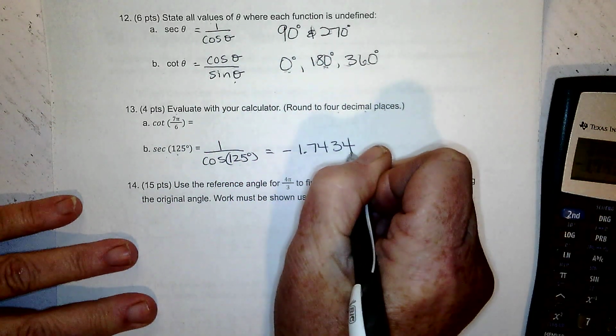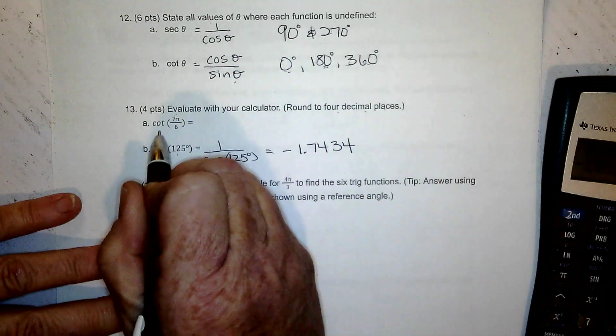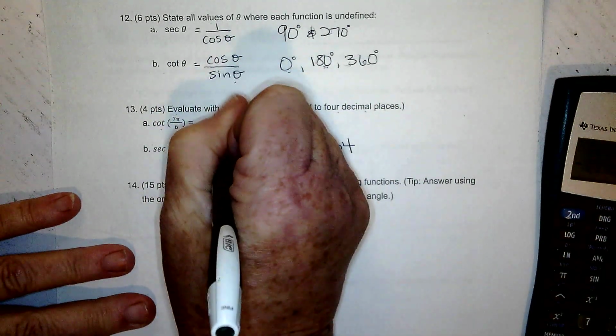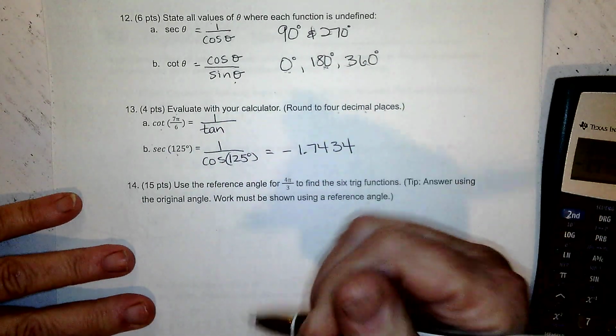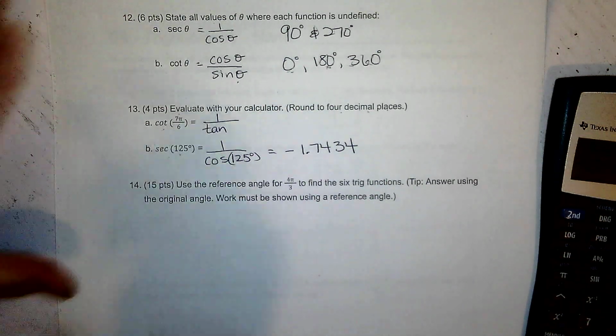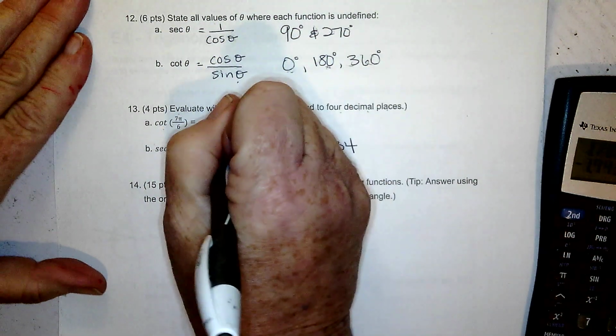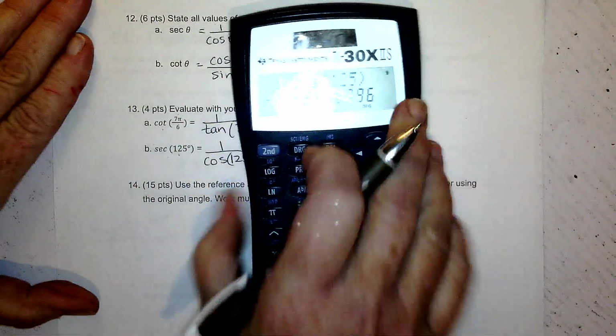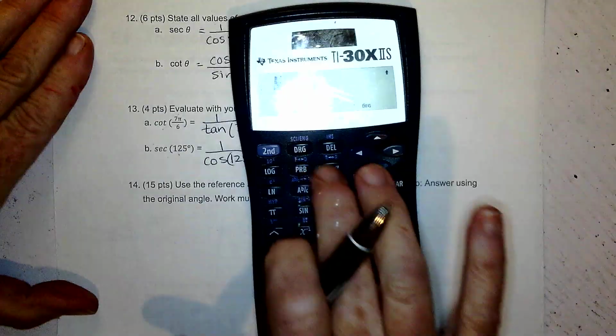Negative 1.7434. That's it. Cotangent is the same thing as 1 over tangent, right? That's the reciprocal. Some of you went cosine over sine and did a whole bunch of work that I wished you hadn't done. I just wanted you to put it in your calculator. That was it. So tangent of 7 pi over 6. The trick here is to make sure your calculator is in radians.